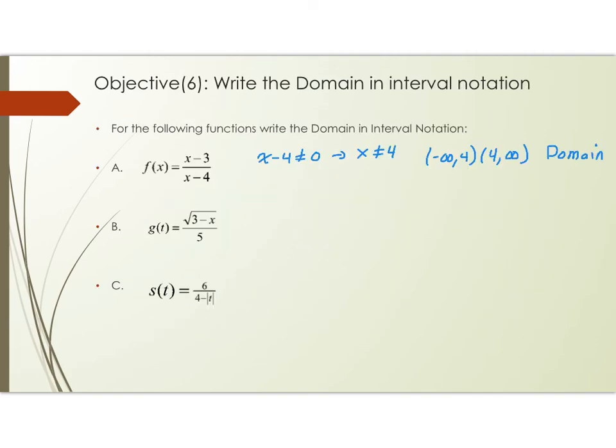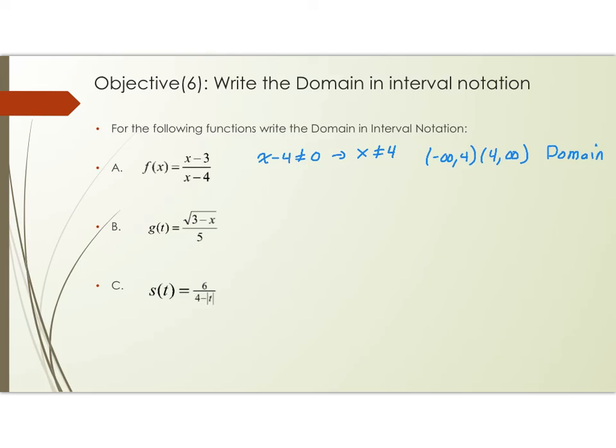So here's our final objective, which is to write the domain in interval notation. And here we're just looking at the domain. So we want to see whether or not x is restricted.